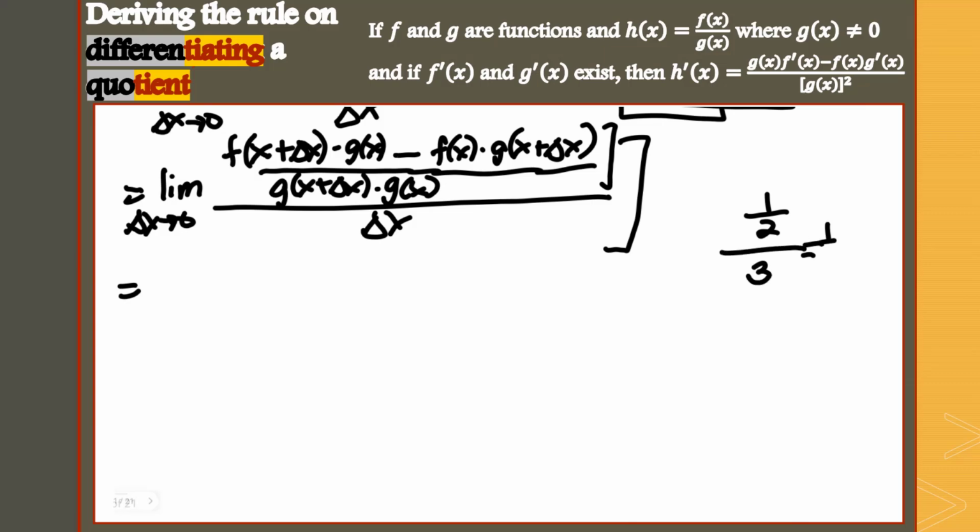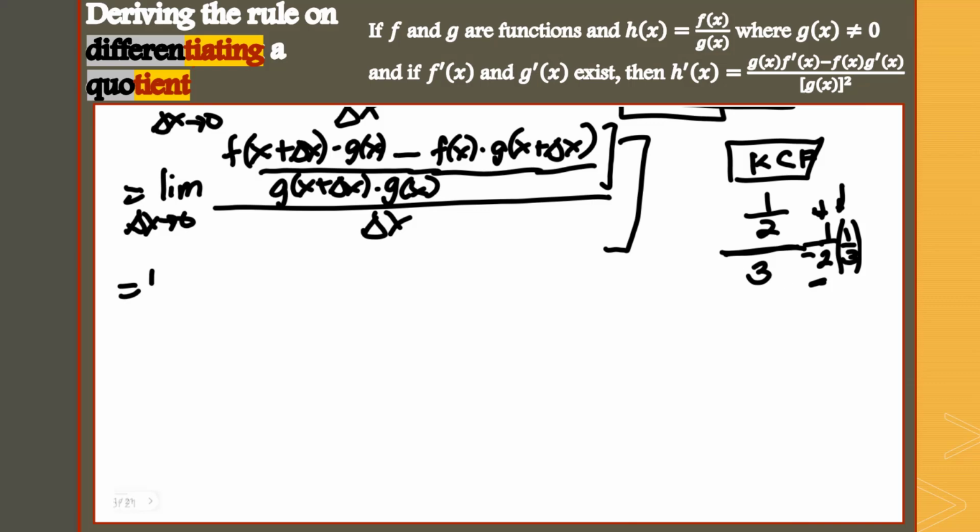We copy the numerator and we use the keep, change, flip method. We change the operation. We keep the numerator, we change the operation to multiplication, and we flip the denominator to 1/3. This is the keep, change, flip method when dividing rational expressions, right? So we keep the numerator 1/2. Instead of division, we change it to multiplication, and we flip, or reciprocate, the denominator.